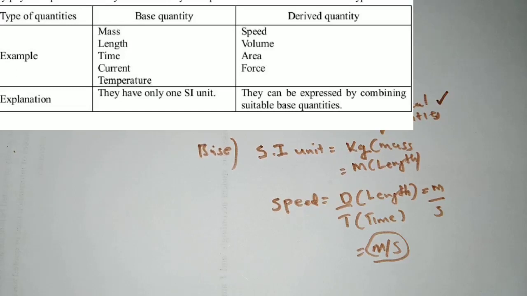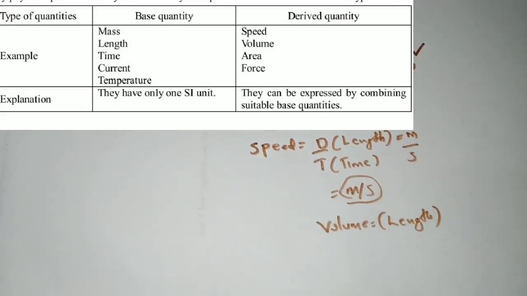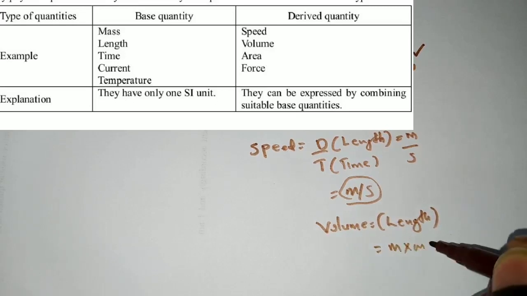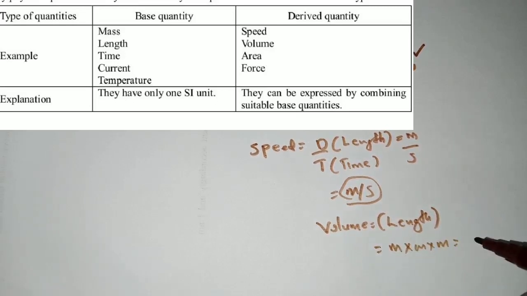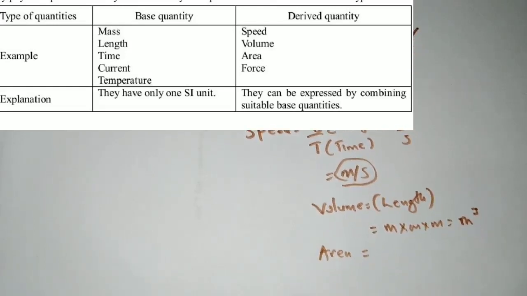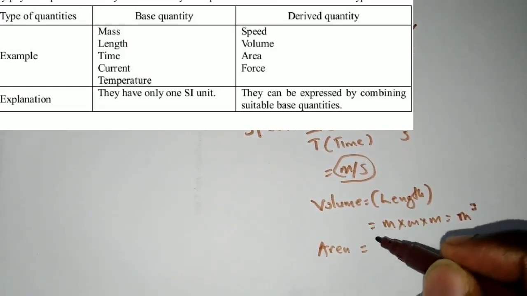For example, volume is a derived quantity from length. How do you get volume? When you multiply length three times, meter times meter times meter, we end up with cubic meter. Area is the same thing, a derived quantity from length also.